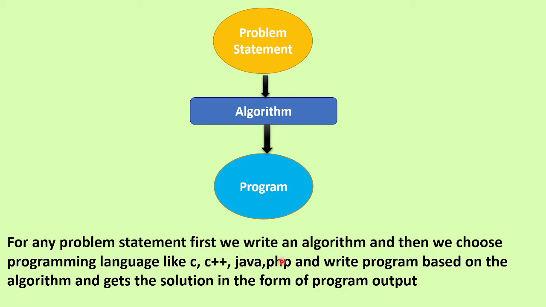Every language has its own syntax and format of writing. After writing the program using any of these programming languages, we get the output, and that is our solution for the given problem. Before writing the program, one should write the algorithm for the given problem statement.